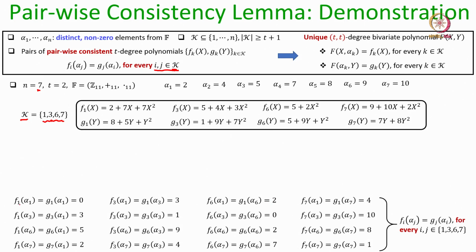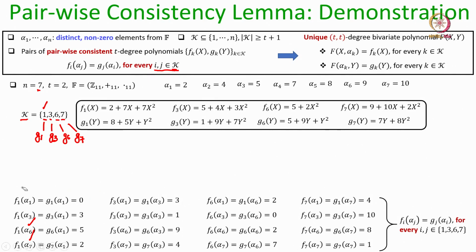So, when I take the first x polynomial, f1 of x, and evaluate it at alpha 1, alpha 3, alpha 6, alpha 7, because I have the indices 1, 3, 6, 7, they should give me the same value as the first, third, sixth and seventh y polynomials evaluated at alpha 1. And indeed, it turns out that this is the case.